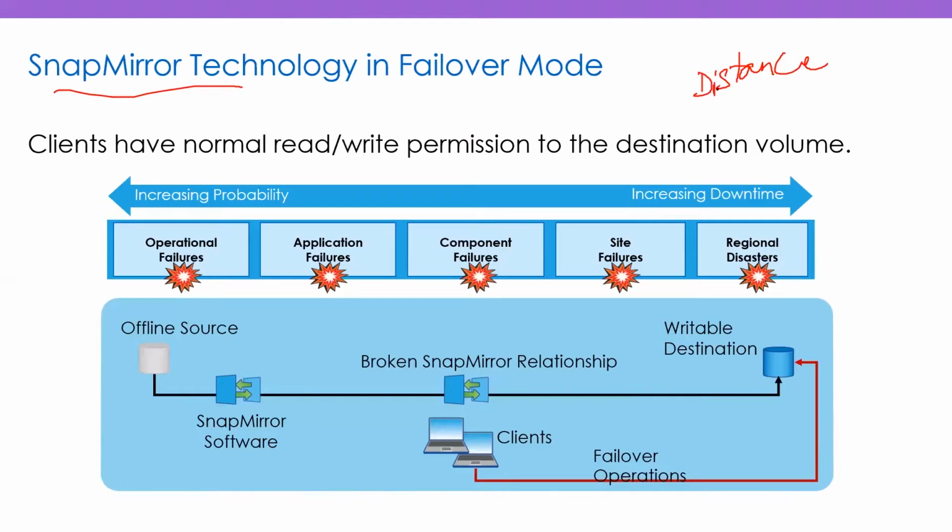But mirroring is one technology where there is no distance limit, which people love. Yes, it happens per volume, but that's fine. I can pick up a volume in the US and replicate it to another country, because there's no distance limit. Okay, so here we go.